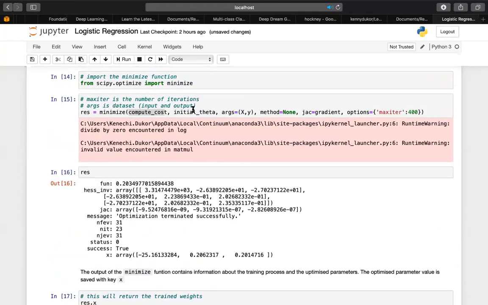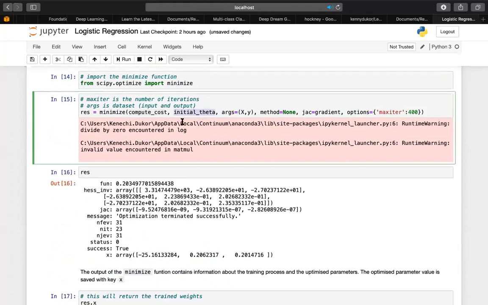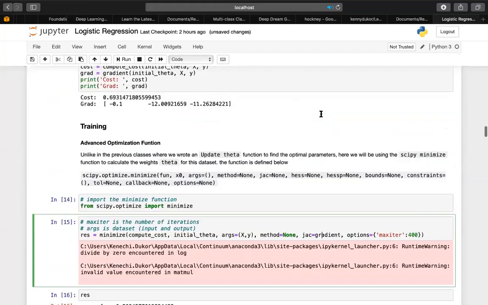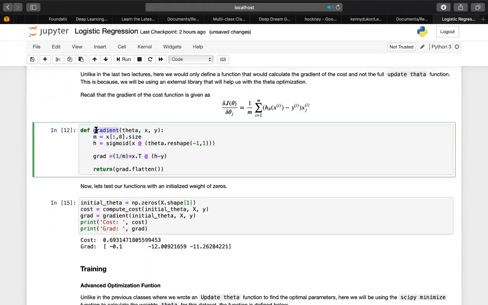Then we pass in the initial value of theta that we want to use for the training. We pass in our x and our y. You can actually define the method you want to use for the minimization, but None will just pick the default. I don't think the default is written here. Then we pass in how we want to find our gradient, and we've defined the gradient function here.